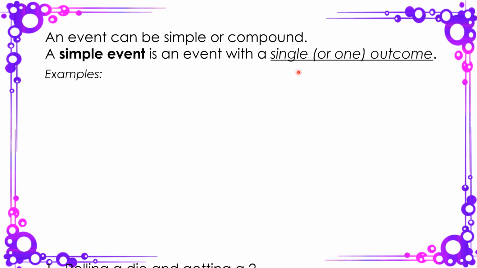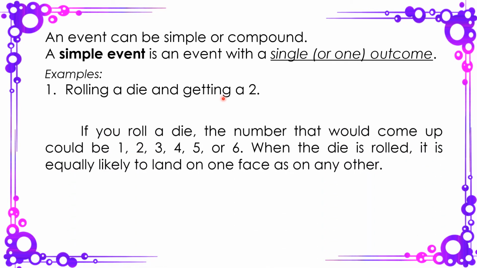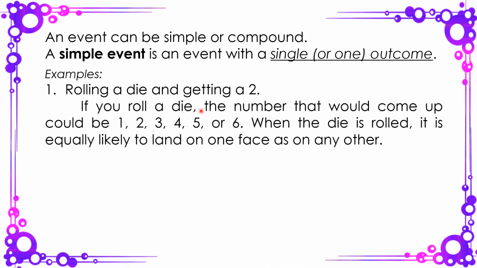So here are our examples. Number 1, rolling a die and getting a 2. If you roll a die, the number that would come up could be 1, 2, 3, 4, 5, or 6. When the die is rolled, it is equally likely to land on the one face as on any other.